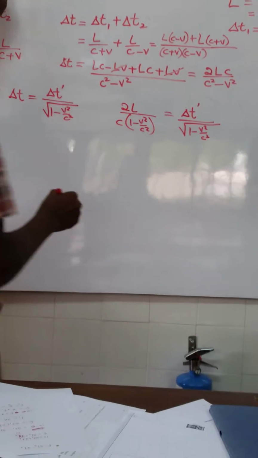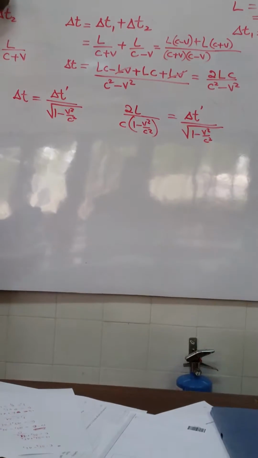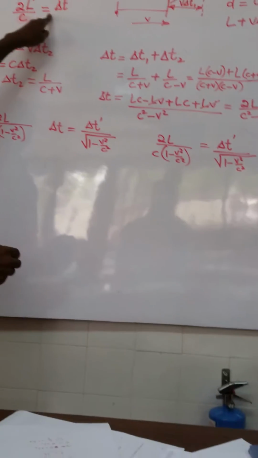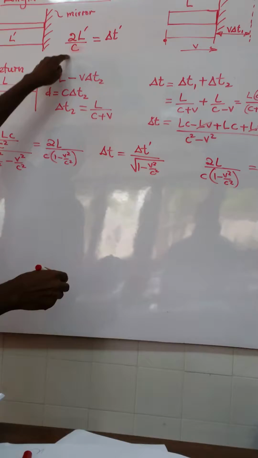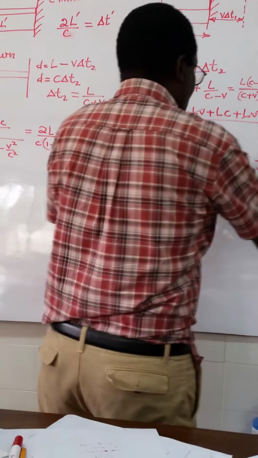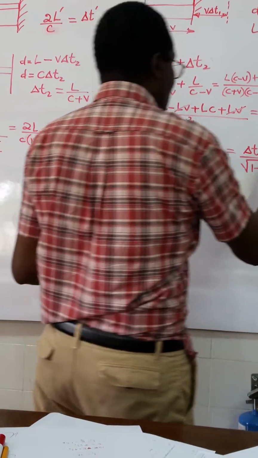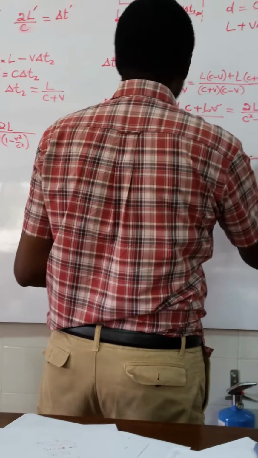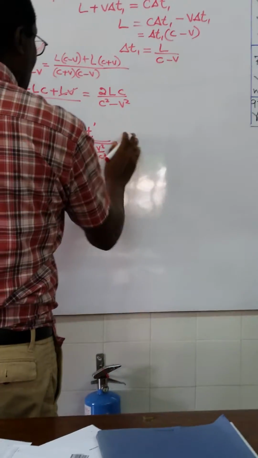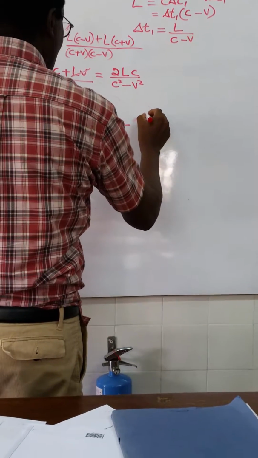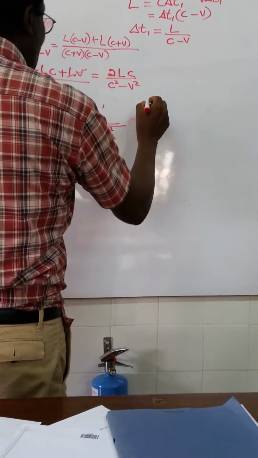But we know from this equation up here that change in t is equal to 2L prime over c. Therefore, this change in t alone must be equal to this one.